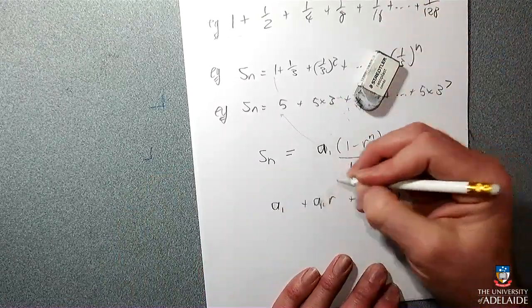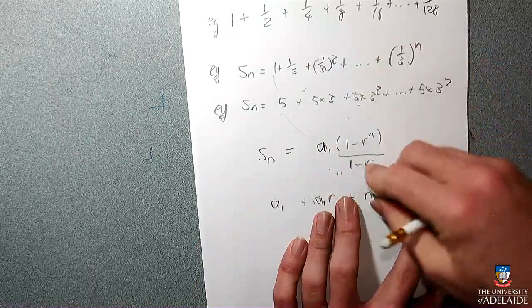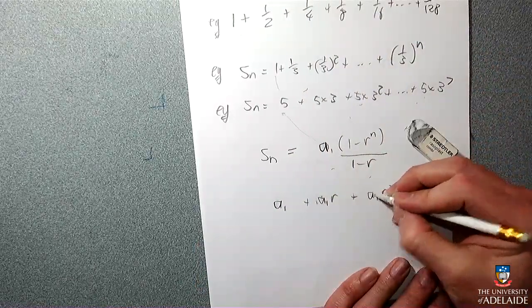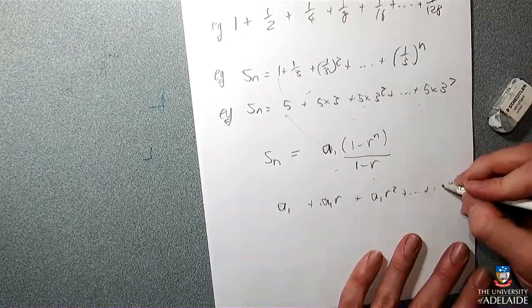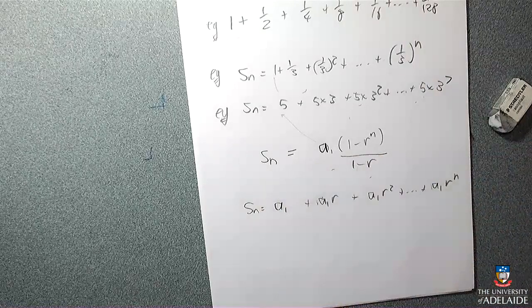Okay, so the idea is that your sequence is made of each term being r times the one before. Cool. All right. Nothing up my sleeves.